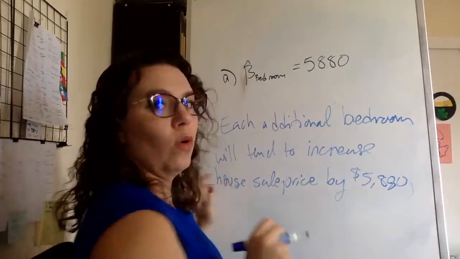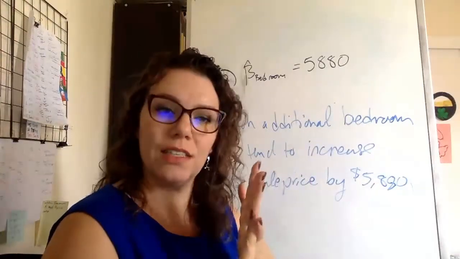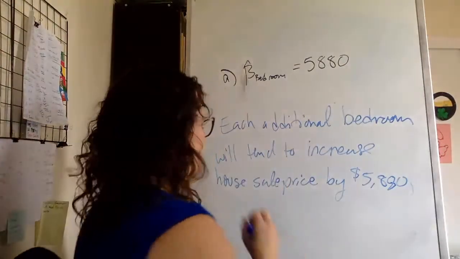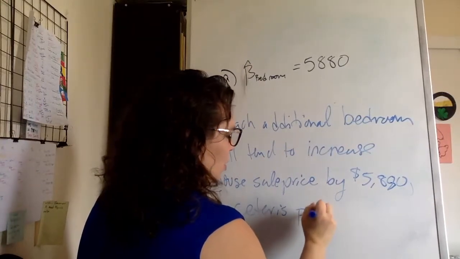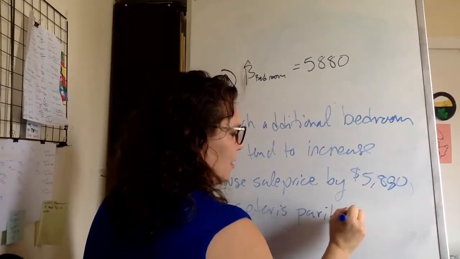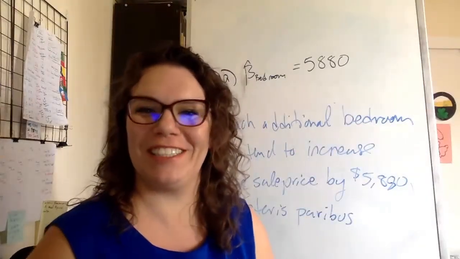And then you can say holding all else constant, holding bathrooms, driveways, garage, and lot size constant, or ceteris paribus. I like to say that because then you get to use Latin and you don't have to write all the other variables you're holding constant.